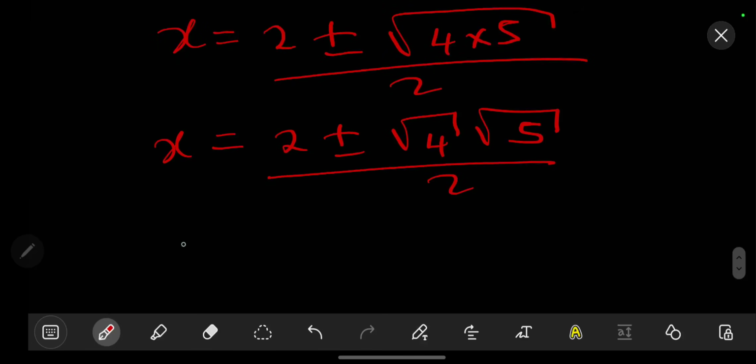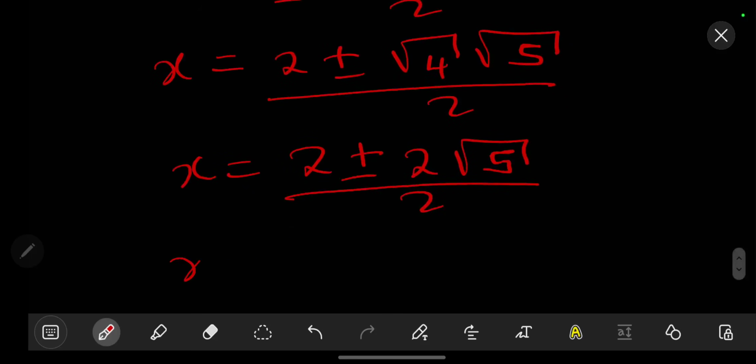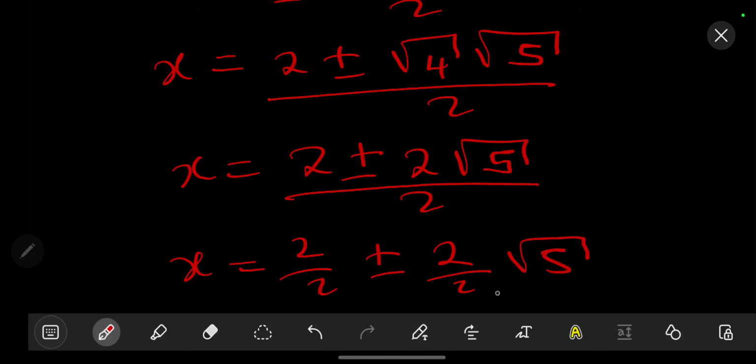So x is equal to 2 plus or minus the square root of 4, which is 2, times the square root of 5, over 2. Factorize the 2. If you want, you can just divide both numbers, giving plus or minus 2 over 2 square root of 5.